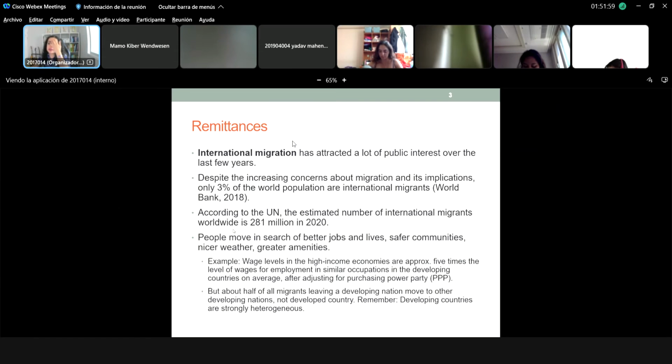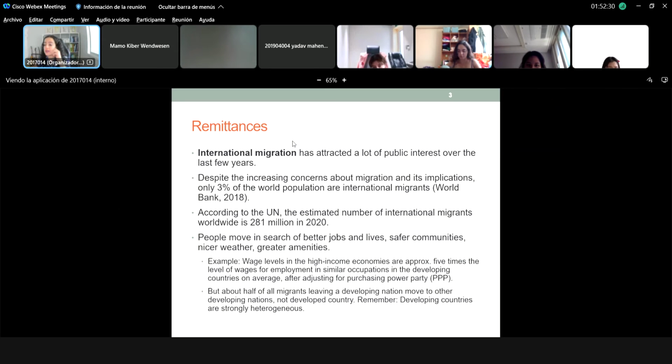If we look at differences in wages, statistics show that the wage level in high income countries is often 5 times the wage level of the same kind of occupation in developing countries, even after adjusting for different price levels, after adjusting for purchasing power. So already taking into account the different price levels between countries, you often have a big difference in compensation between developing and developed countries.